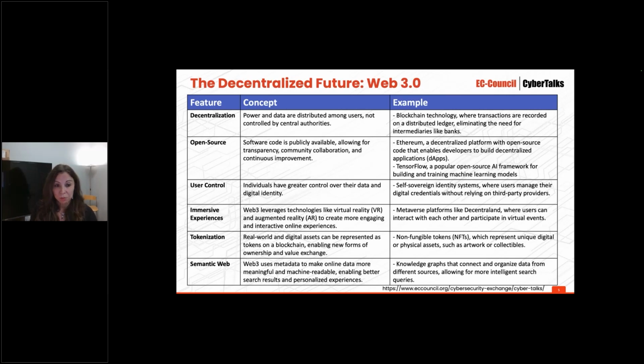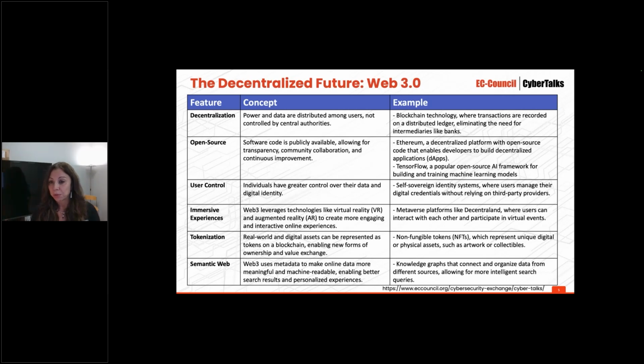Then we go to open source. There's a lot of open source technologies in Web3. I give some examples here. Bitcoin, for example, is open source and an example of a blockchain protocol. Ethereum, there's many others. I also wanted to call out TensorFlow, which is a popular open source AI framework.